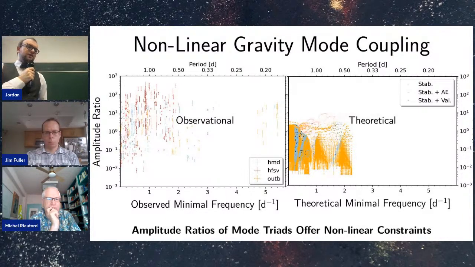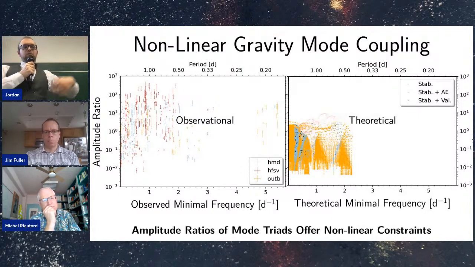But I think what one can do is make more of these diagrams and try to populate the entire amplitude ratio frequency range, to have an idea of whether these specific three-mode interactions are important, or whether we need different interactions between more modes.